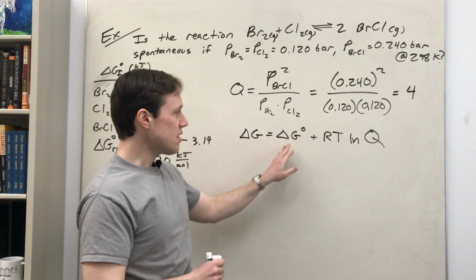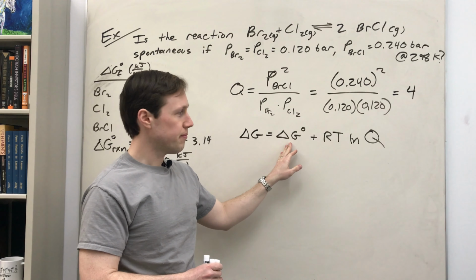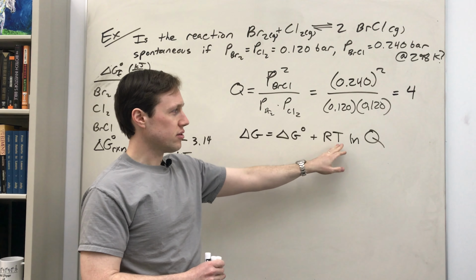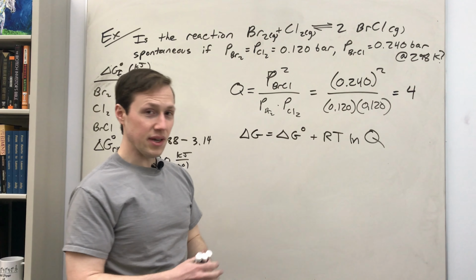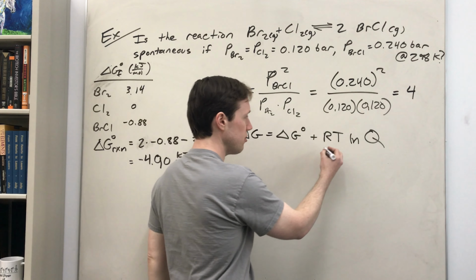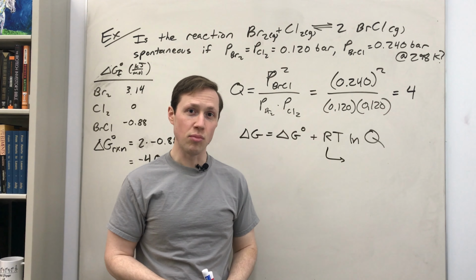However, ΔG° has units of kilojoules per mole, and our temperature has units of Kelvin. That means that we need a value of R that has units in kilojoules per mole Kelvin.